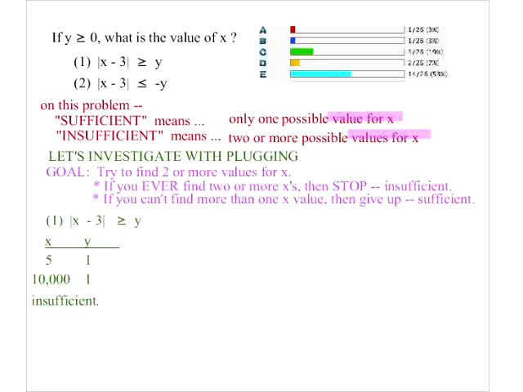Let's do statement 2. Absolute value of X minus 3 is less than or equal to negative Y. Can somebody give me an X and a Y that make this true? Text box, please.